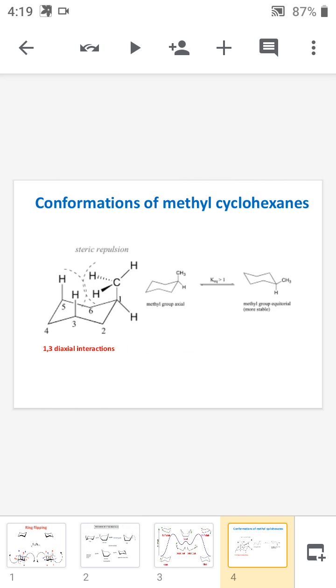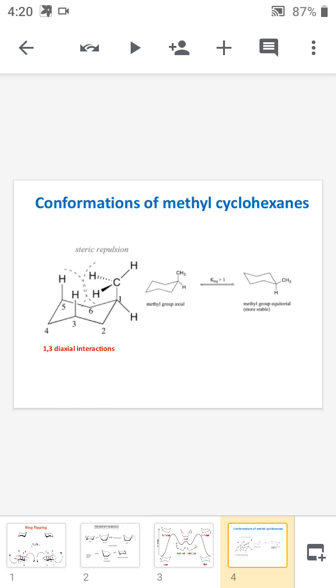If the methyl group is in an axial position, see in the figure, we can see that the hydrogens of the methyl group and the hydrogens at the third and fifth positions are very close. So there is a repulsive interaction, and this interaction is known as 1,3 diaxial interaction, because the 3 and 5 C-H sigma bonds are parallel to the molecular axis.